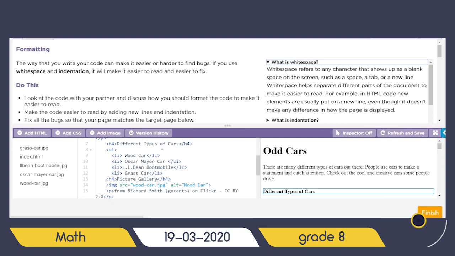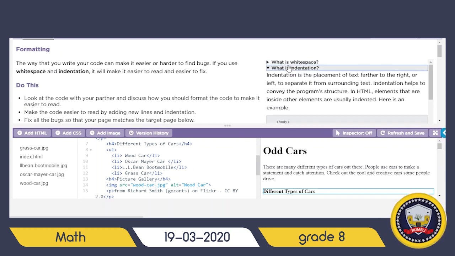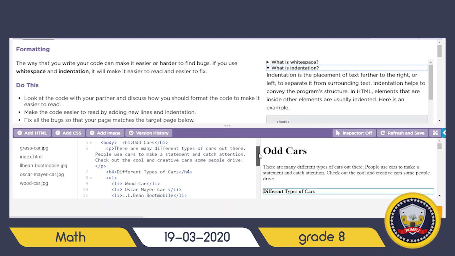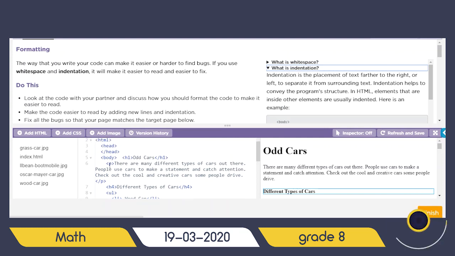So these are blank spaces. When you have blank spaces, your text will be easier for you to read. While indentation means what? Placement of text far to the right or far to the left. When you place your text far to the right or far to the left, to separate it from the surrounding text is called indentation. So over here, paragraph is inside the body, but you separated it.